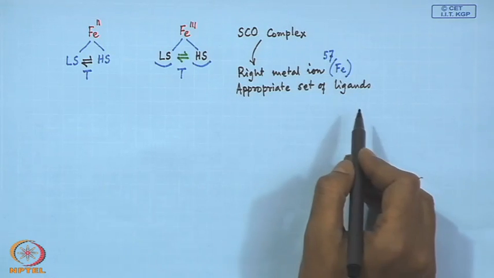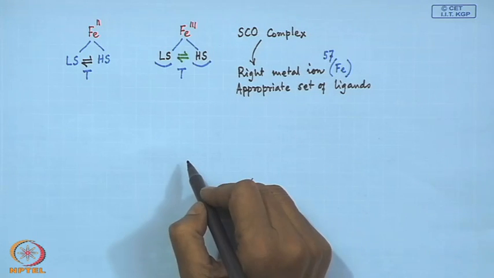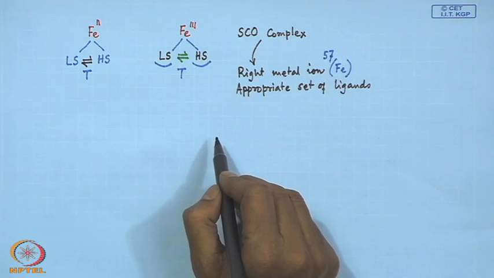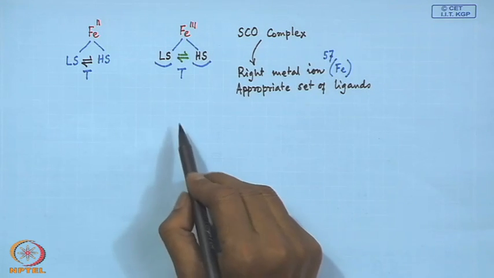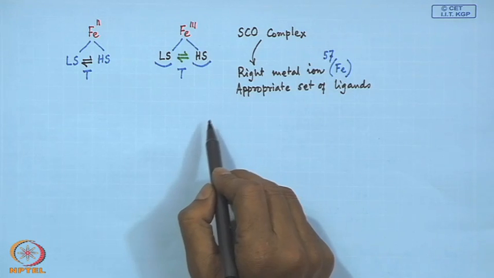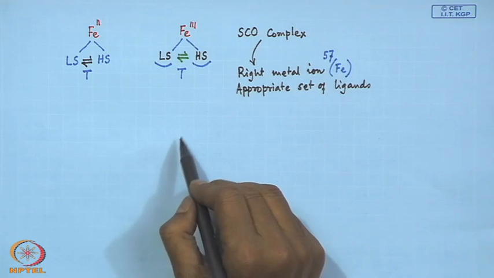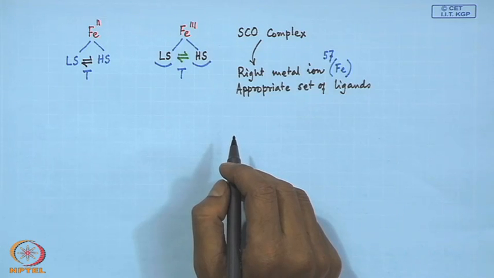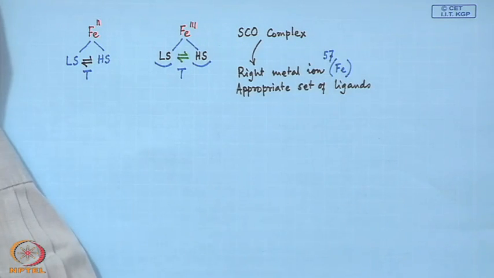When we measure how far the signal is from the central position, that tells us about the isomer shift, and how the signature in a spectrum is split into a doublet or so gives rise to the quadrupole splitting.